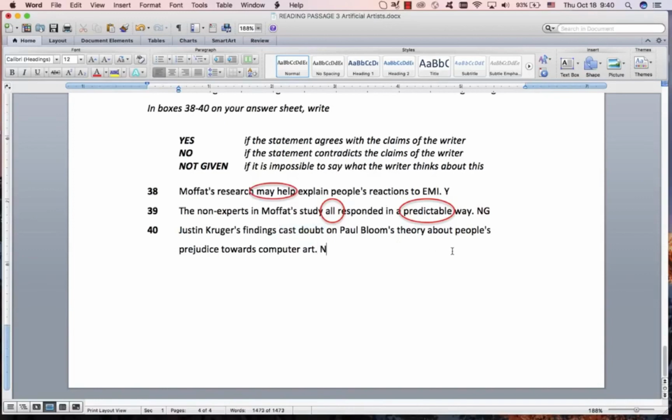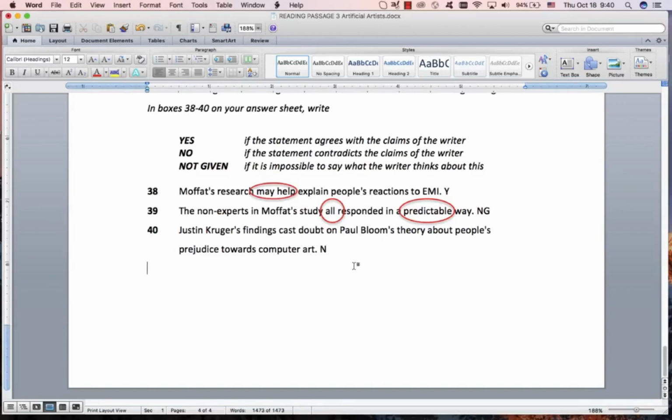So that one is no. But if you got those two, you could probably just guess that it's no. Really 99% of the time, if there's three, one will be yes, one will be no, one will be not given. So if you can find two easy ones here, do those ones and then just guess the third one, it would be a good guess.